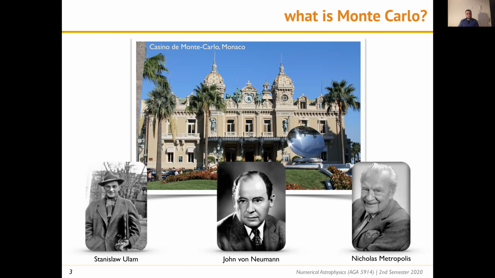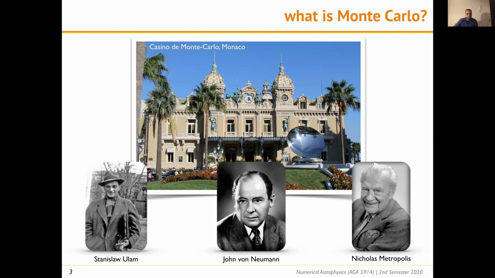It's still largely used, with some adaptations. Because they were friends, he said, okay, Ulam, your uncle always asks you for money to gamble, and he always goes to Monaco for that, so maybe we can name this method Monte Carlo, since it's a gambling problem they were treating on the computer. That's the origin of the name Monte Carlo.